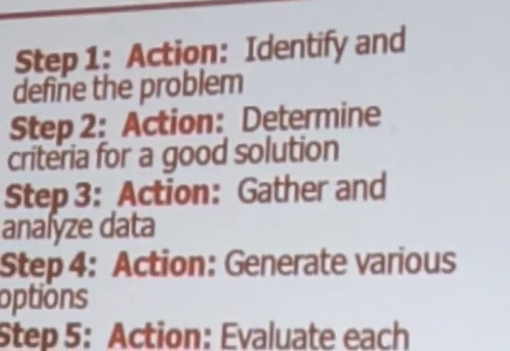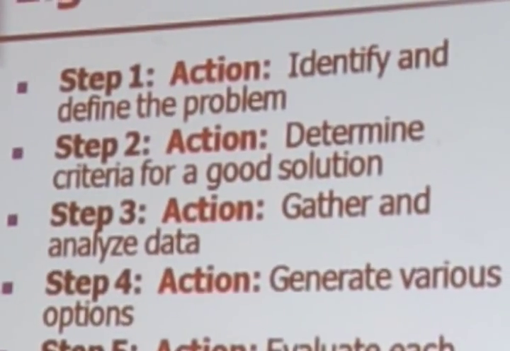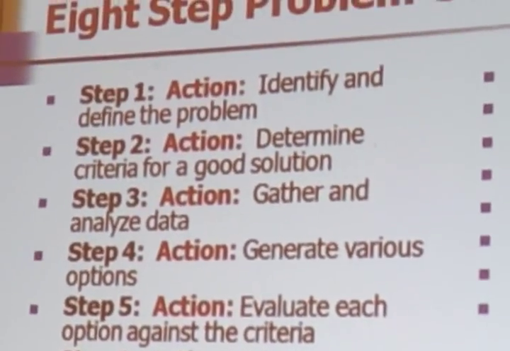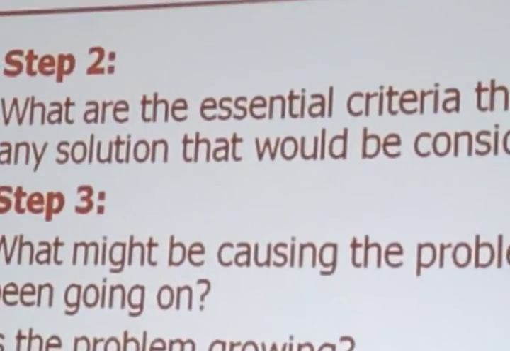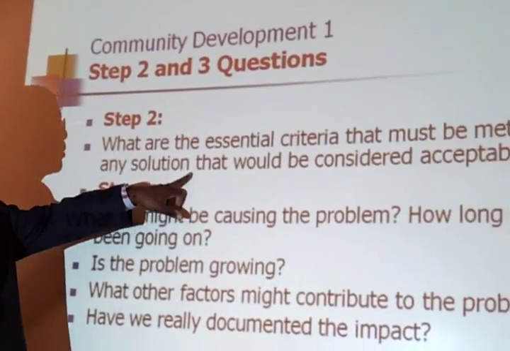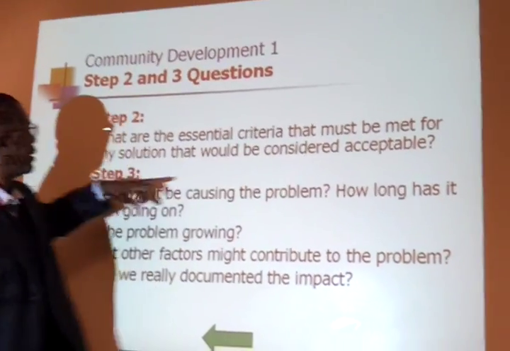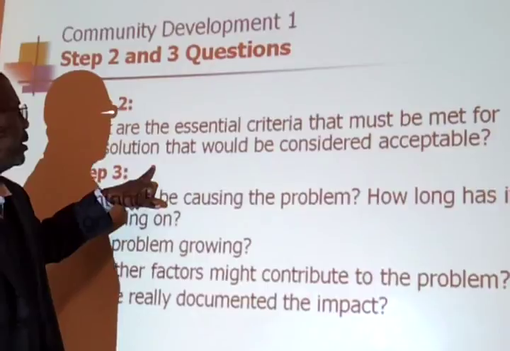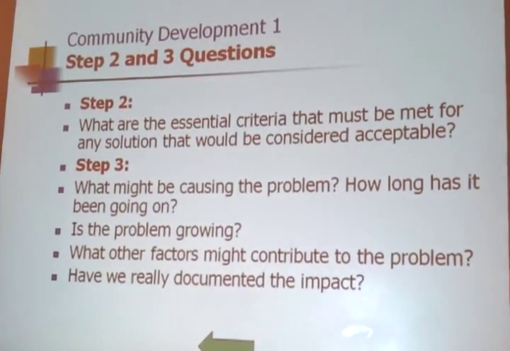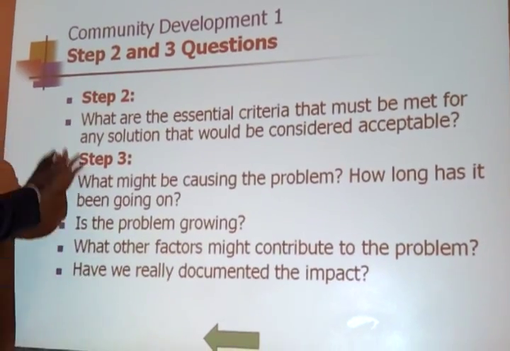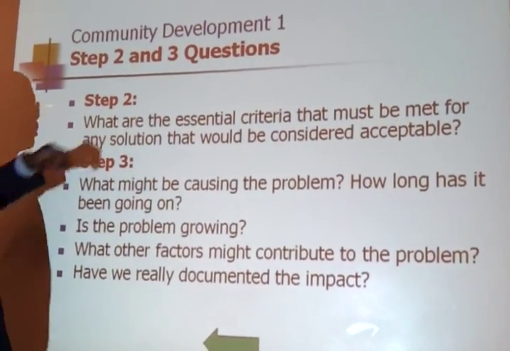Now step 2 questions to ask is as follows. This also applies to 3, but I'm going to stop at 2. What are the essential criteria that must be met for any solution that would be considered acceptable? Okay? I'm not going to go to step 3, we're only going to stop at step 2. That is the question for step 2.